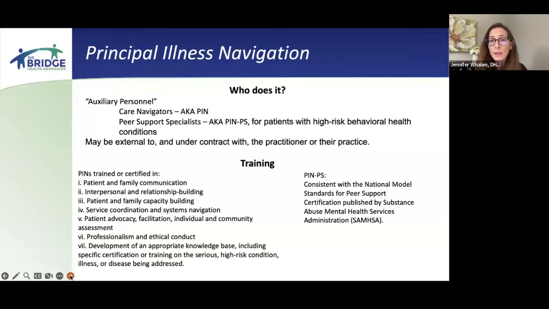Their training needs to be consistent with the national model standards for peer support certification published by the Substance Abuse and Mental Health Services Administration, SAMHSA. So they do have apparently a national model that CMS is saying you have to follow for your training to provide those services as a PIN-PS.